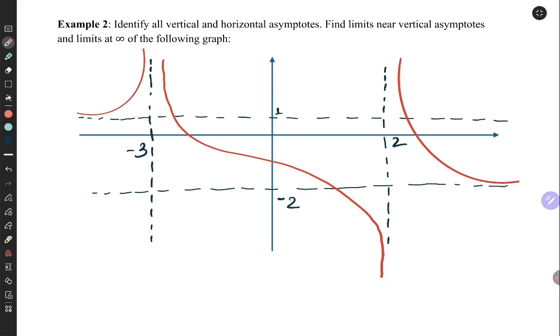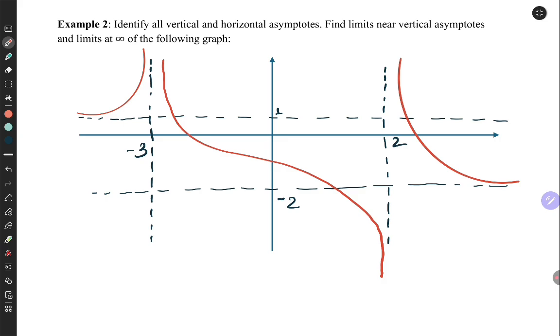What are the vertical asymptotes? Okay. What would be the limit on the left of 2? Negative infinity. On the right of -3? Positive infinity. Okay. The horizontal is non-intersecting, the one that's negative.